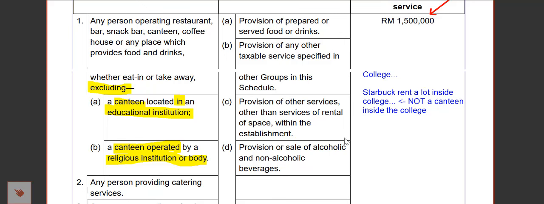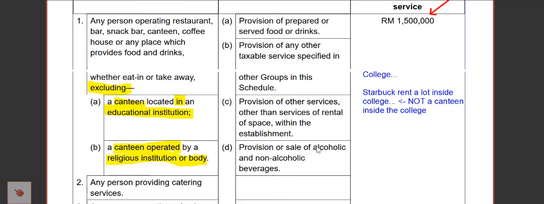So if you have somebody that is inside the canteen and they provide shoe cleaning, let's say a restaurant, okay, they provide shoe cleaning. Because the restaurant is registered, the shoe polishing service is any other service within the restaurant, right? It becomes taxable.